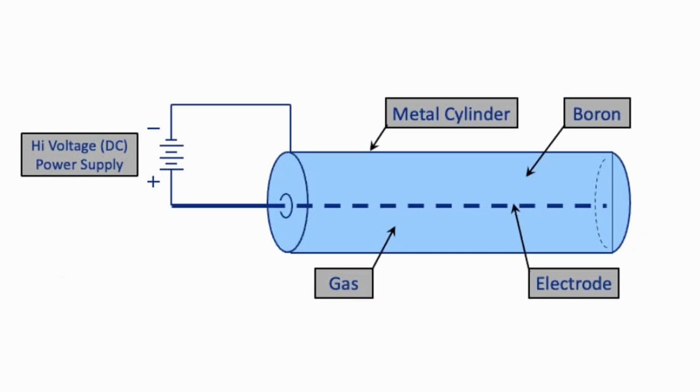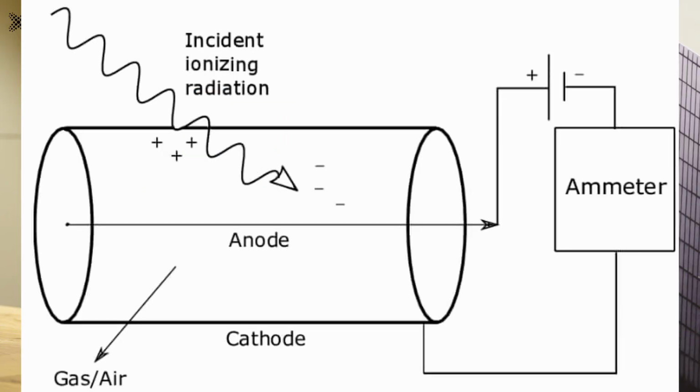These electrons will move towards the center, which is positive, and the positively charged ions will move towards the cylinder, which is negative. This movement will create an electric current. This electric current is detected by the electronic circuits. That's how it is measured.